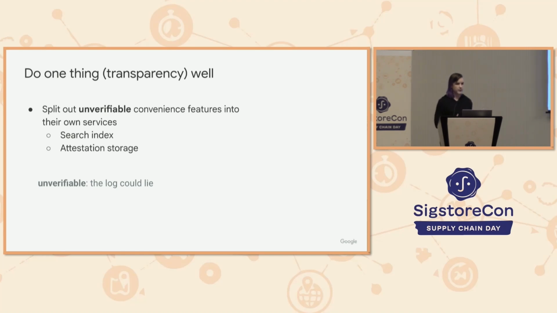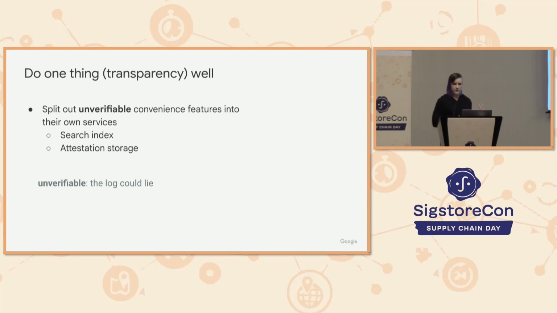So a compromised log could, in theory, lie about the existence or non-existence of something in these features. And we don't want Rekor to be part of that. We want Rekor to just be a transparency log, just do that one thing very well. And we don't want it to be misleading users about the guarantees of its other features.